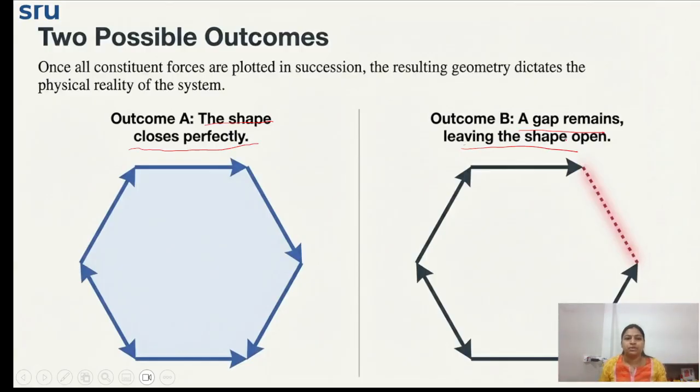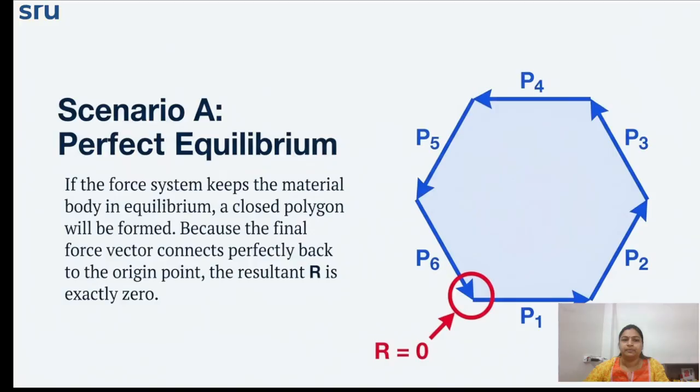You can see here the forces acting 1, 2, 3, 4, 5, and it is completing the polygon. And here you can see forces are acting, but this dotted red line is the gap to complete or close the system. So there are two possibilities in geometry: a closed shape, or a gap remains, leaving the shape open.